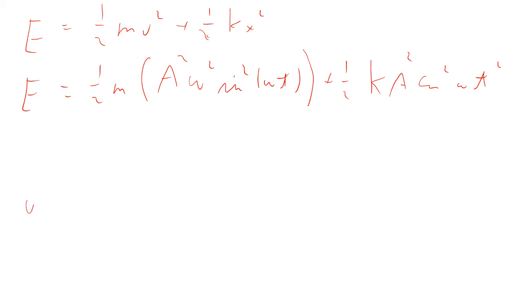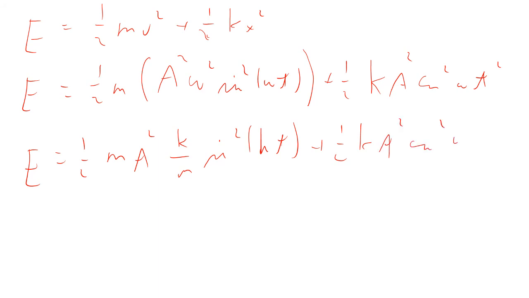Well, we know that omega is the square root of k over m, so omega squared is k over m. If I plug that into this equation, then the total energy is going to be 1/2 m A squared k over m sine squared omega t plus 1/2 k A squared cosine squared omega t.